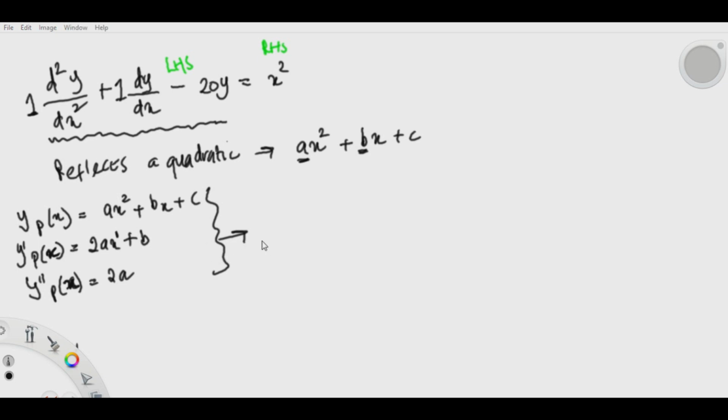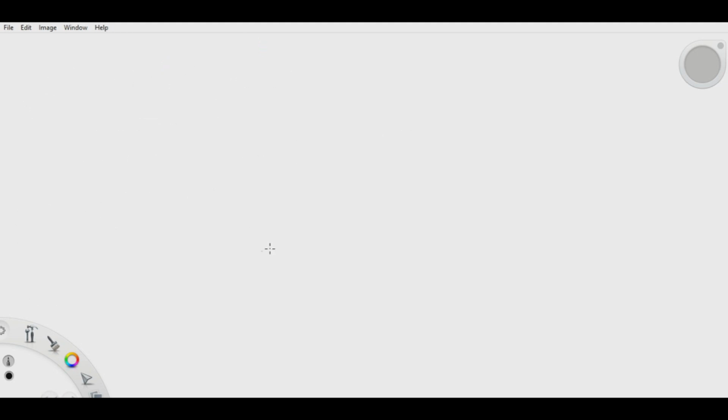So I can just rewrite everything. What we had was 1 of d squared y over dx squared plus 1 of dy dx minus 20y equals x squared.